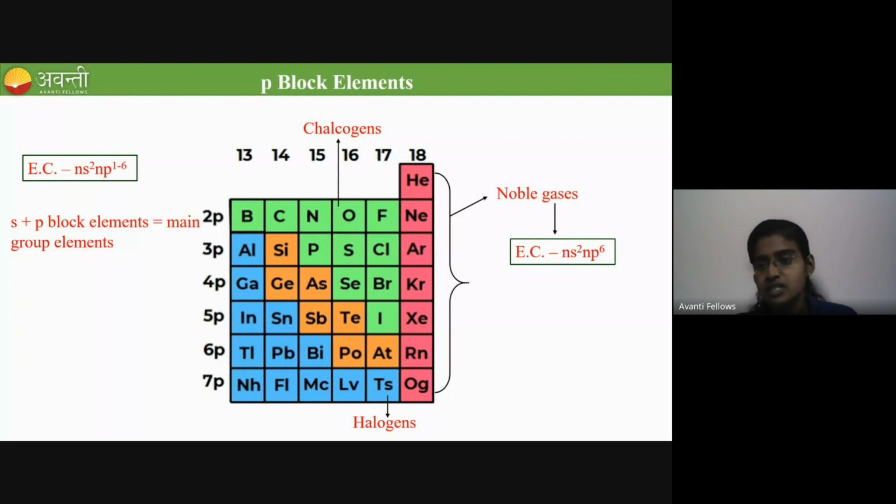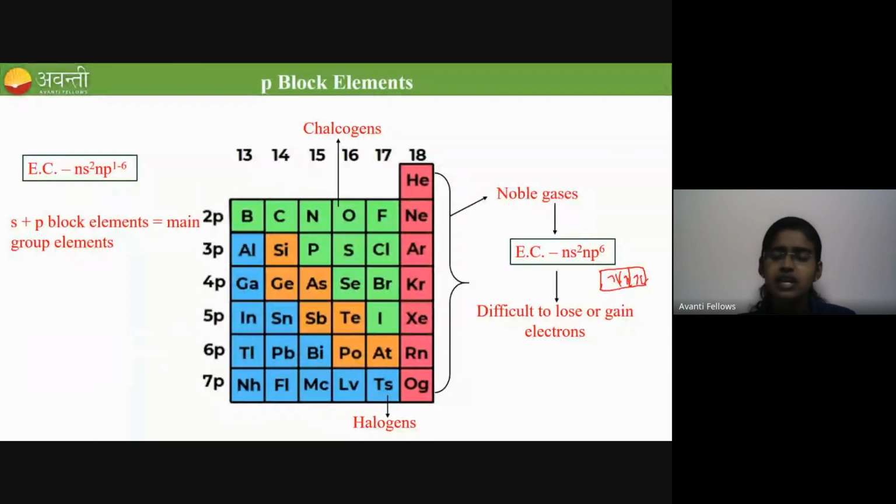So the p orbital is completely filled. We have only 3 p orbitals, right? So in all the orbitals, we have 2 electrons. So all the p orbitals are completely filled. So these noble gases will never try to lose or gain electrons. It is very, very difficult for noble gases to lose or gain electrons. So they never react.